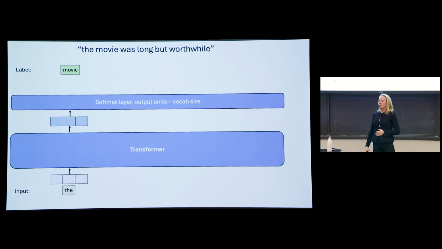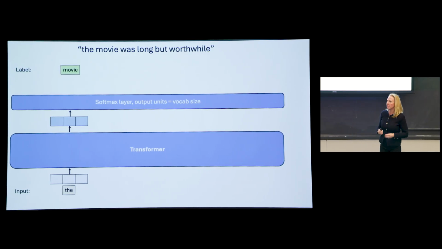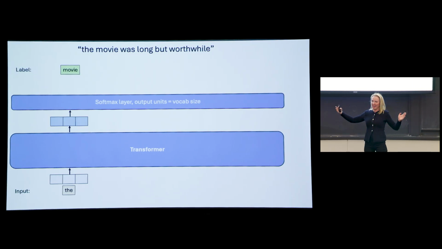A probability distribution over the entire vocabulary of the language, which we have in some way or other delineated at the outset. There are clever ways of doing that that end up not limiting the transformer. This would be a very, very large number of categories, right? Think of all the words you can think of. There are some efficiencies there, but really it's a very, very large set of possibilities.